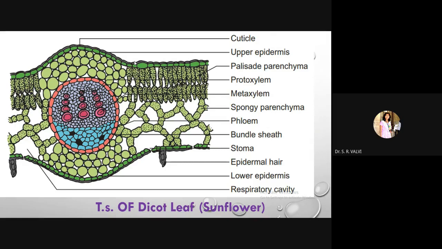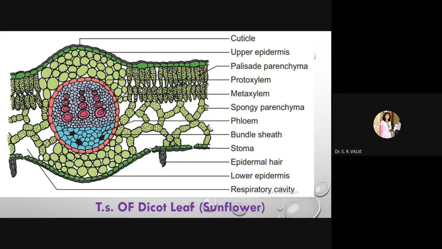The upper epidermis is made up of parenchymatous cells and is single layered. Below the upper epidermis the palisade parenchyma is present. These are somewhat elongated cells, and the palisade parenchyma helps in photosynthesis.